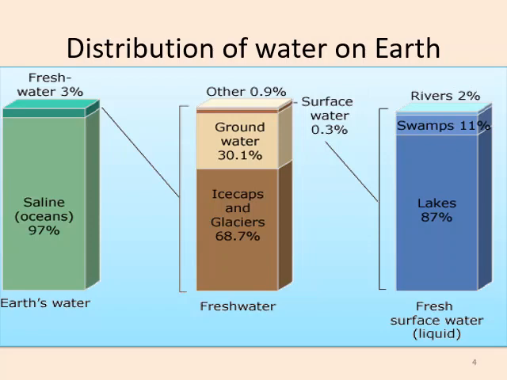Out of this 3%, frozen form is 68.7%, groundwater is 30.1%, surface water is only 0.3%, and in other form like moisture content in air is 0.9%. Further, the surface water is distributed like in rivers 2%, swamps 11%, and in lakes 87%.